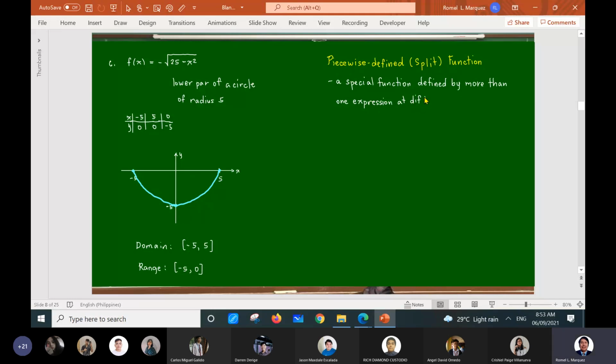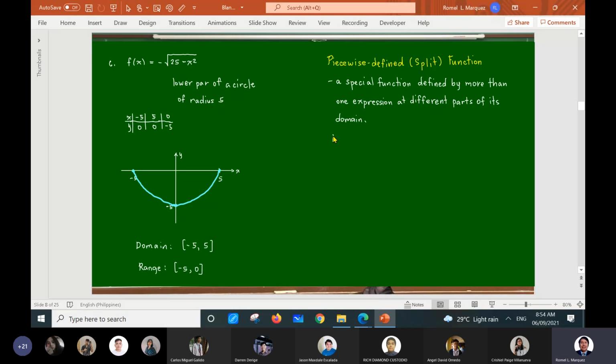Meaning the domain is divided into subdomains, right? Am I correct, children? Yeah. So that's what we mean by piecewise defined function. It's a special function defined by more than one expression at different parts of its domain.